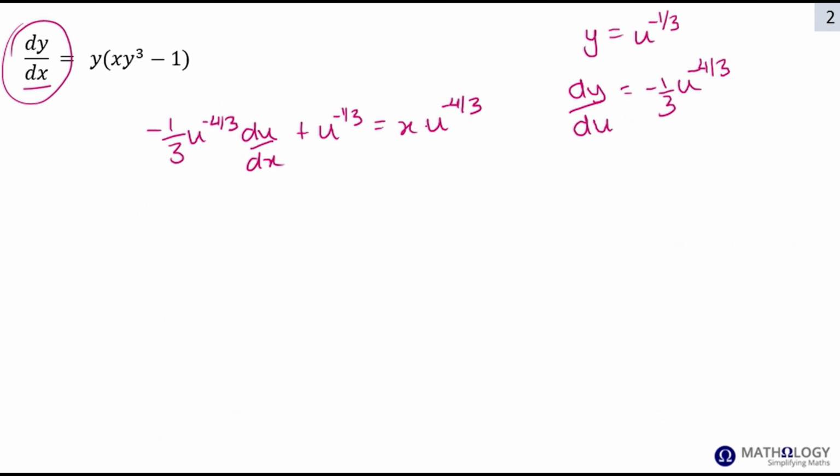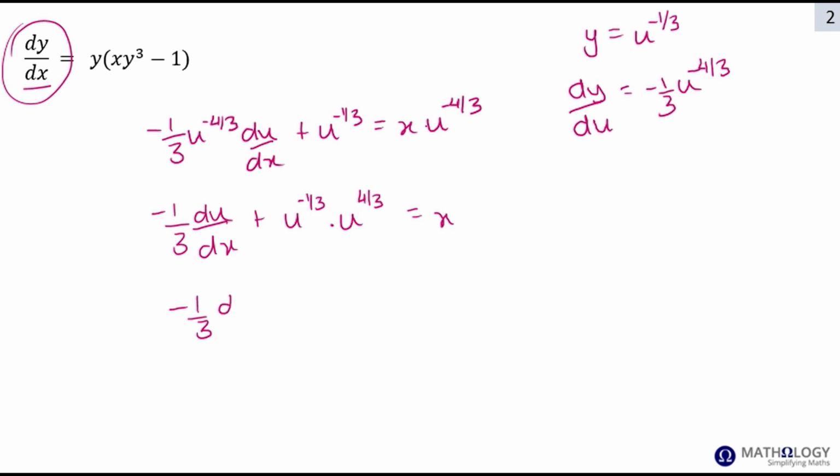Okay, we're now going to divide through by u to the minus 4/3. So we have minus a third du/dx plus u to the minus a third times u to the 4/3 equals x. u to the minus 4/3 divided by u to the minus 4/3 is just going to be 1.